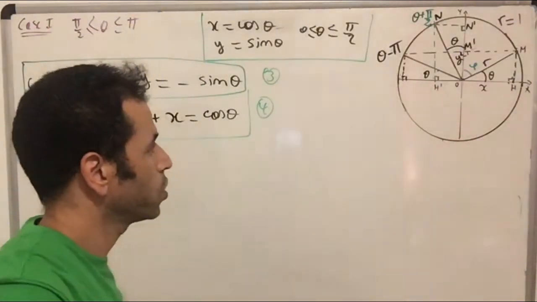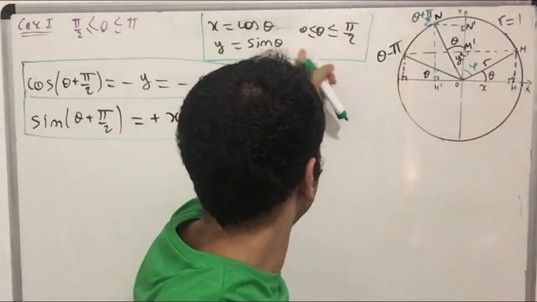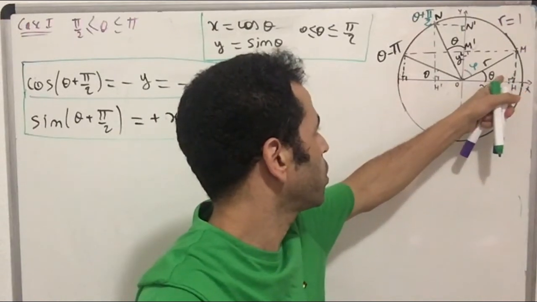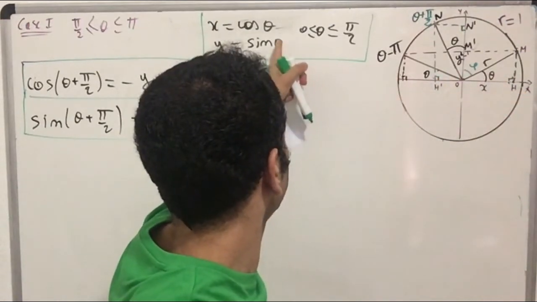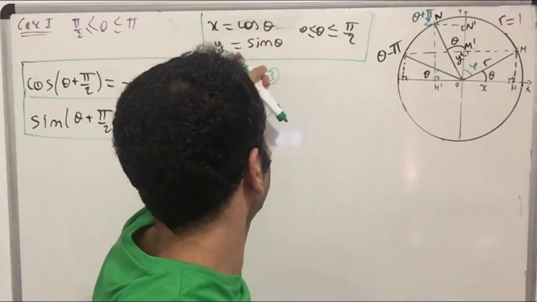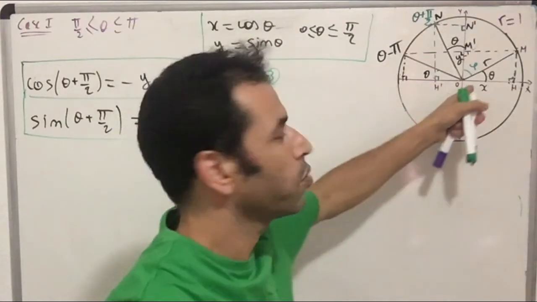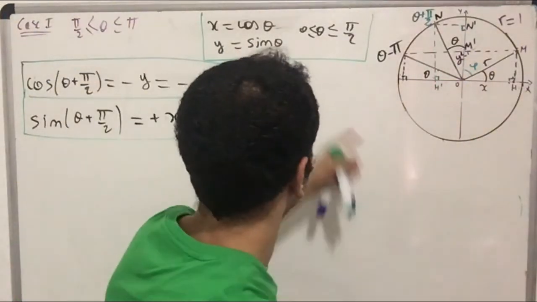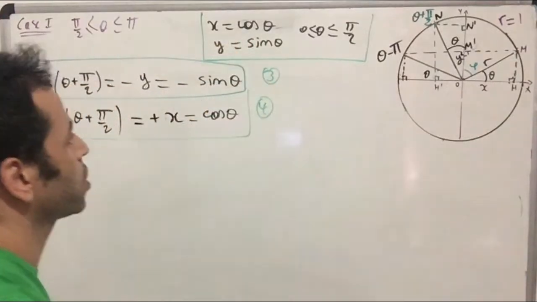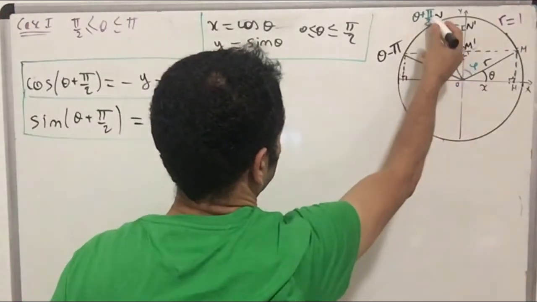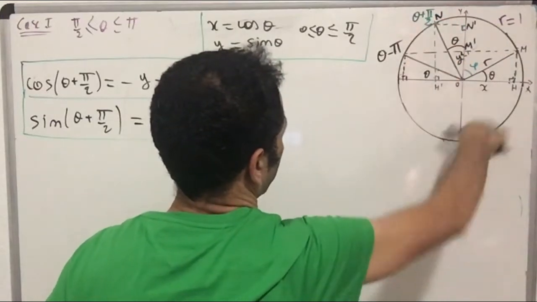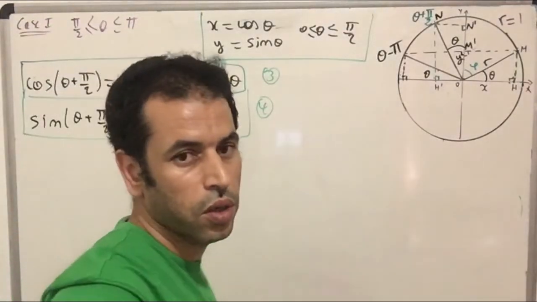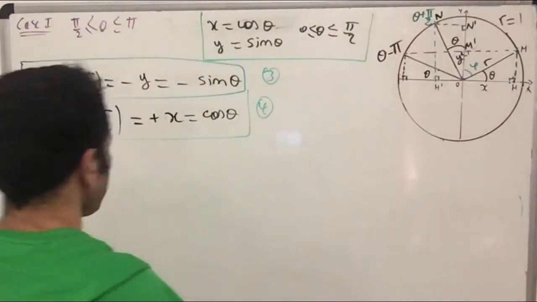Once we establish the first equations, x equal to cosine theta and y equal to sine theta will be valid at any point. This is just the angle running around the circle. You can calculate sine and cosine at any point you want.